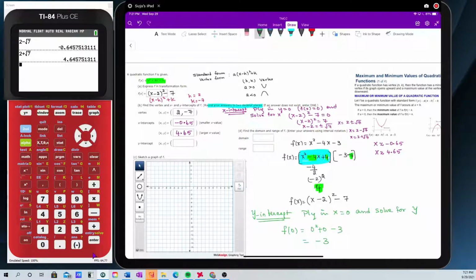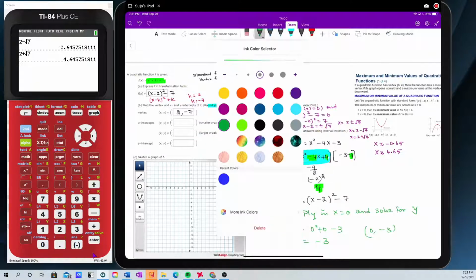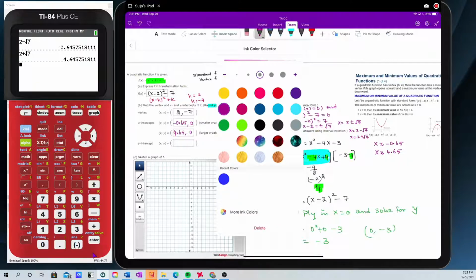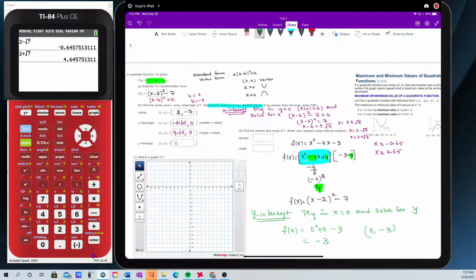So my y-intercept is negative 3, with x coordinate 0. I made a mistake here. I should have written this in coordinate form, guys. Let me rewrite this. So this is negative 0.65 comma 0, 4.65 comma 0, and the y-intercept is 0 comma negative 3.